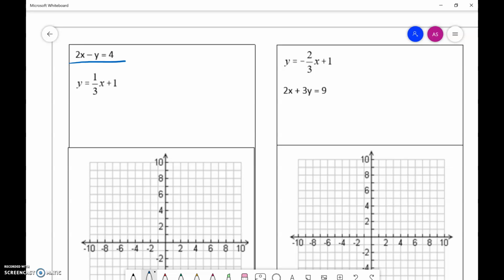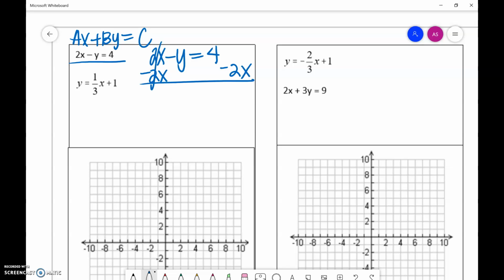This first equation is in standard form, which is your ax plus by equals c. In order for me to know my slope and my y-intercept, because I do have to know those two things to have a graph, I'm going to take this equation and solve it for y. I'm going to subtract 2x from both sides, and that'll leave me with negative y equals 4 minus 2x.